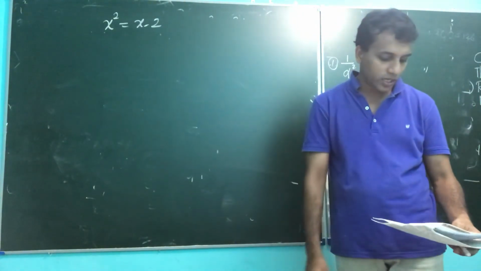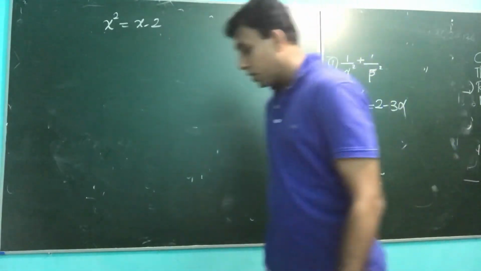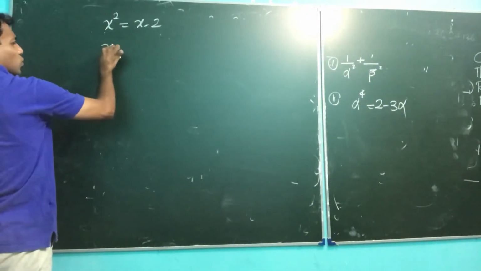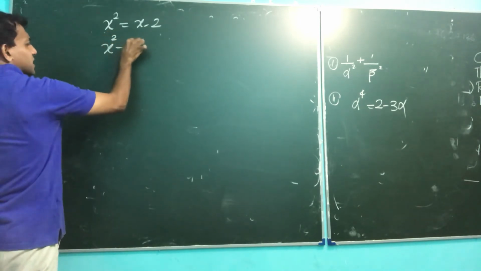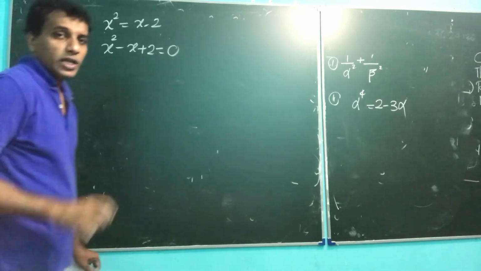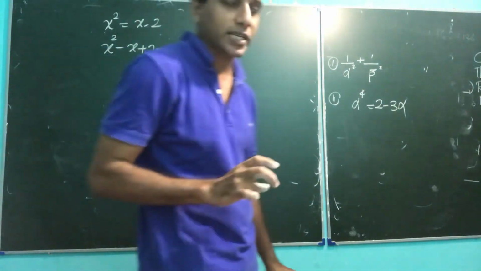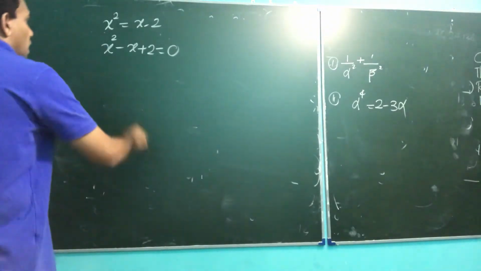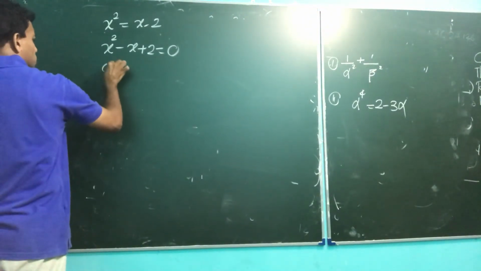Okay, see this problem quickly. This is not in quadratic format. Therefore take everything to one side: x square minus x plus 2 equals 0 is the quadratic equation. They say the roots are alpha and beta. Then write quickly what is alpha plus beta.